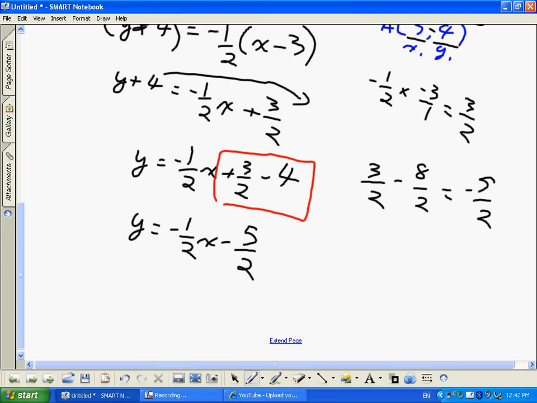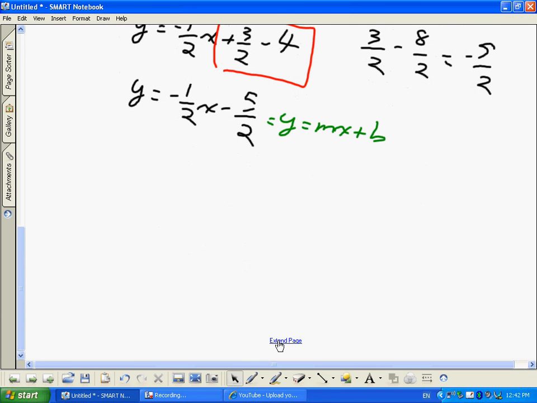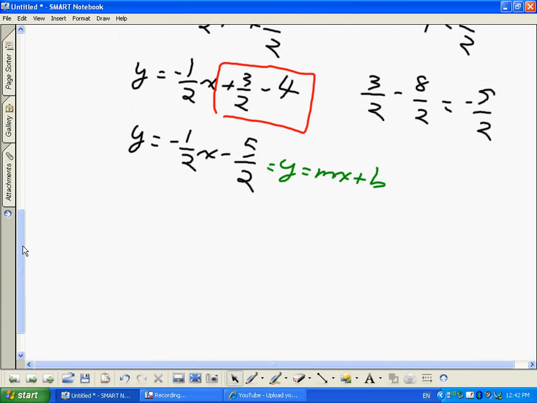Now to turn this into standard form, it's pretty straightforward. Let's show that this is in that other form, y equals mx plus b. We're in this form right now. It's only one more step to get it into standard form. All I have to do is move my y to the other side of the equation.